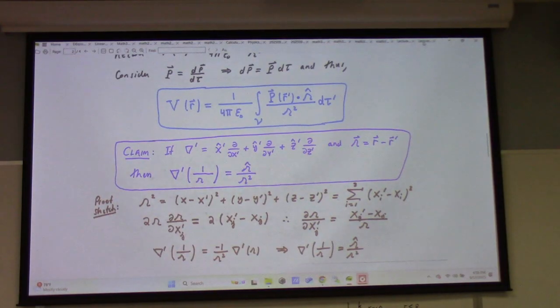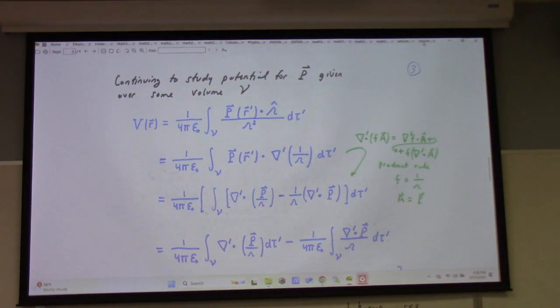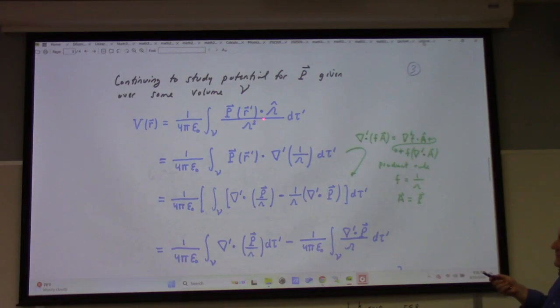So as such, I probably should write this out, but you'll forgive me if I don't today. So 1 over 4 pi epsilon naught. I trade out this r hat over r squared for the gradient prime of 1 over r.